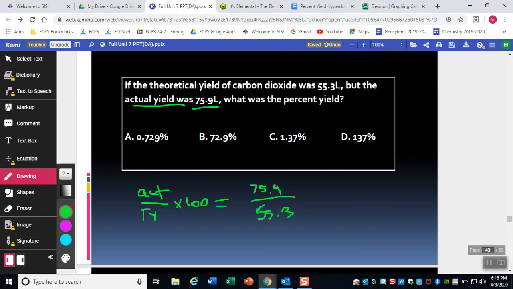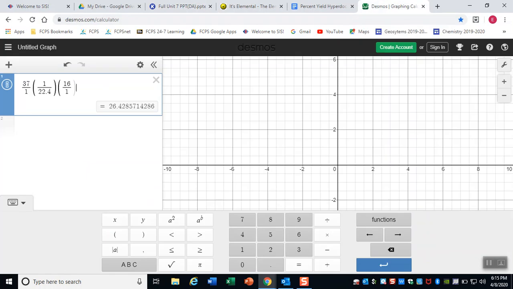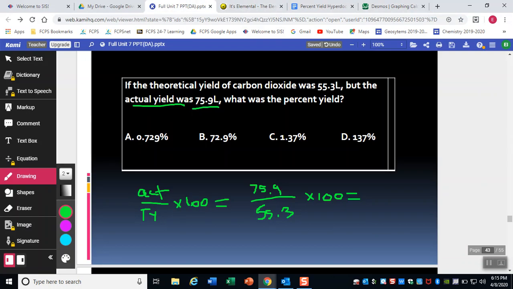That will give you a decimal, and then you convert that to a percent by moving the decimal over 2 places, which is timesing by 100. So 75.9 divided by 55.3 is 137%. And that's all there is to it.